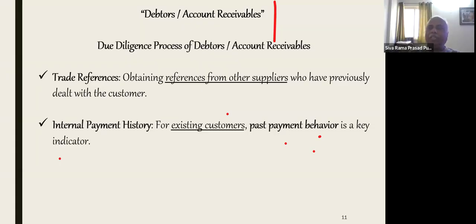Every month, for 30 days, I am supplying goods on credit to XYZ company and they are regularly paying. If he asks for a higher amount also, the company is able to pay. If they are not paying on due dates, the company will stop further credit sales to those companies. So the internal payment history also has to be verified.